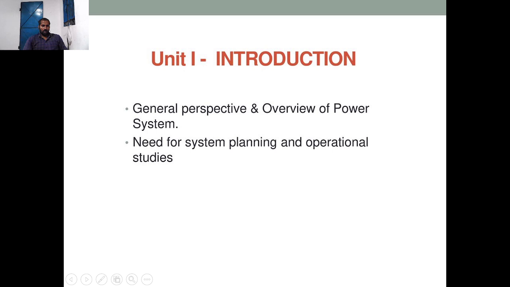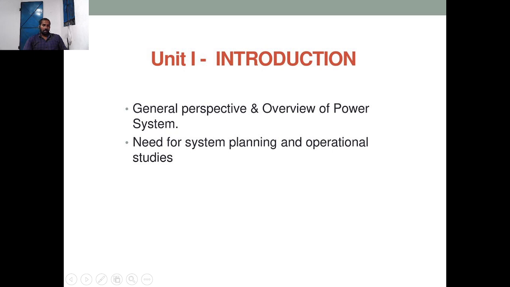So you have to remember that knowledge here, right? And the need for power system planning and operational studies. If you want to extend the existing power system area, size or capacity, then planning is very important.